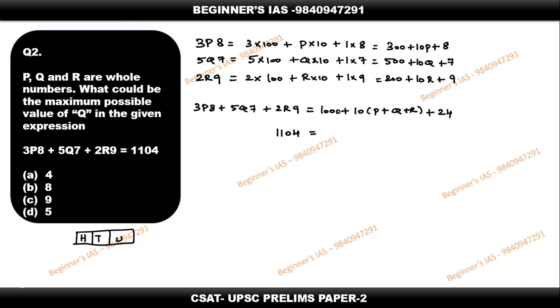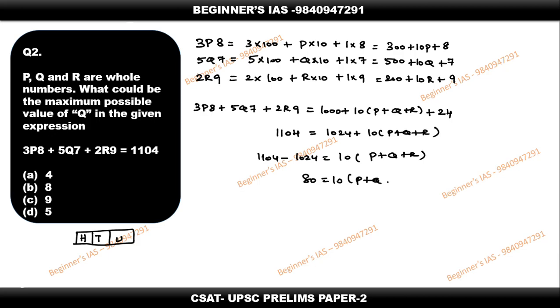So this is nothing but 1000 plus 24 plus 10 into P plus Q plus R. Just bring that to the LHS. 1104 minus 1024 is 10 into P plus Q plus R. While subtracting, I'm getting 80 as the answer. Therefore, P plus Q plus R is equal to 8.